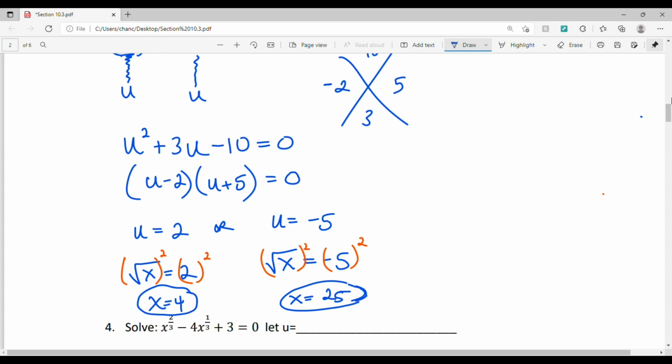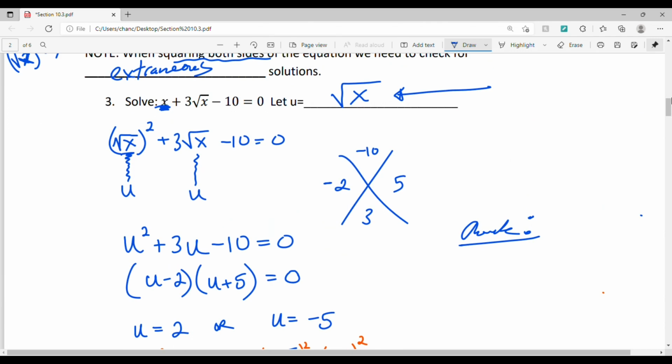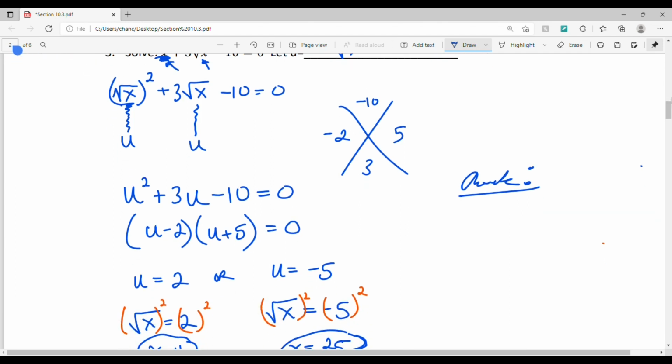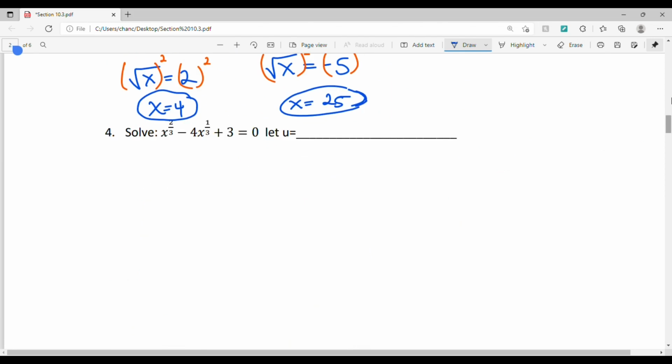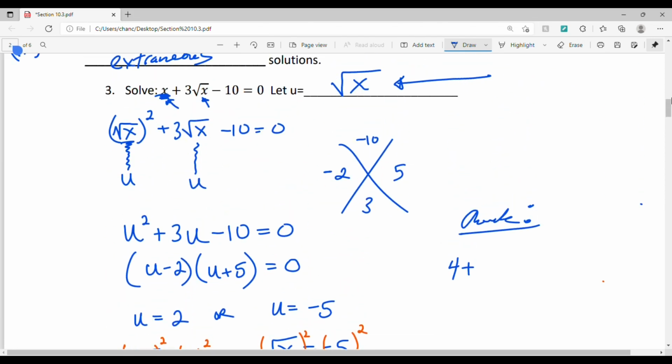The reason I use the phrase potential is because we have to check our work to make sure that this is a good solution. So let's check x equals 4 first. We'll plug it into the original equation to make sure it works. We have 4 plus 3 root 4 minus 10.